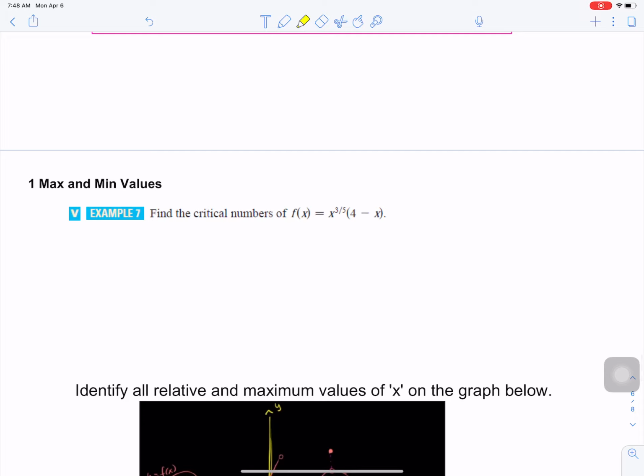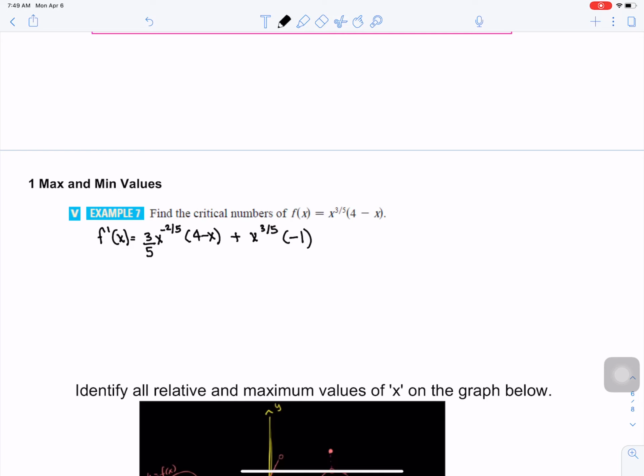Okay, so let's go ahead. This example says find the critical numbers just as a practice. So we need to take the derivative of the function. Now there's sort of a product of two functions happening there, so I need to make sure I'm using product rule. So the derivative of the first times the second, plus I leave the first function the same. The derivative of the second is -1.